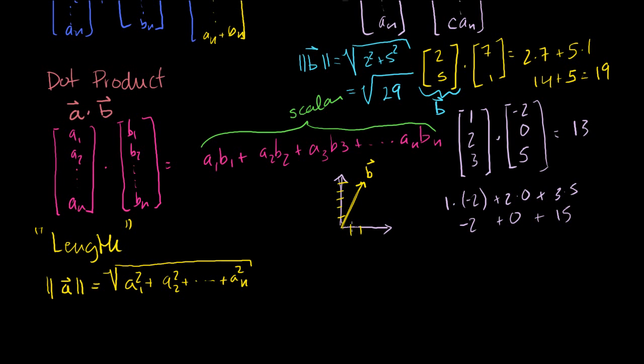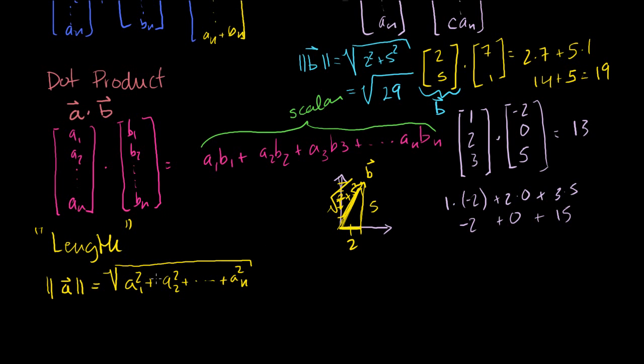And from the Pythagorean theorem, if I wanted to figure out the length of this vector in R2, or drawing it in two-dimensional space, I take this side, which is length 2, and that side, which is length 5. This is going to be the square root of 2 squared plus 5 squared, which is exactly what we did here. So this definition of length is completely consistent with your idea of measuring things in 1, 2, or 3-dimensional space.